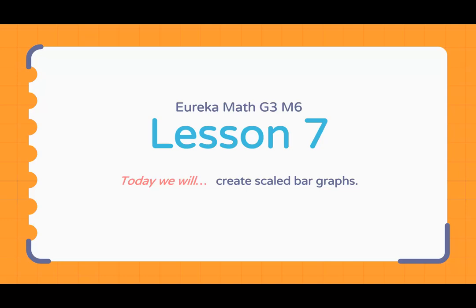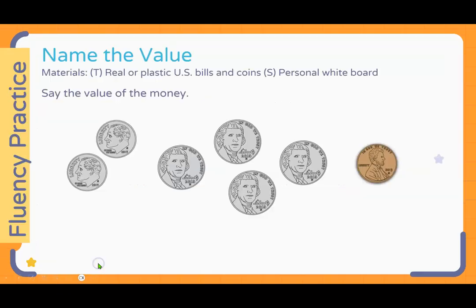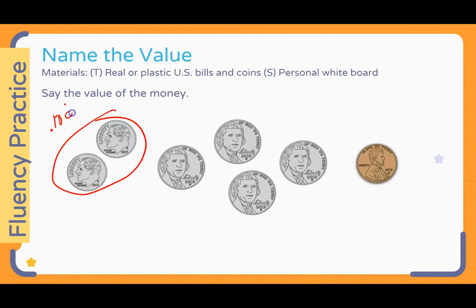Today we will create scaled bar graphs. Okay, let's start with money. Say the value of the money. What coin is this? Dime. Yes, how much is a dime worth? 10 cents. So how much money do we have here together in dimes? 20 cents.